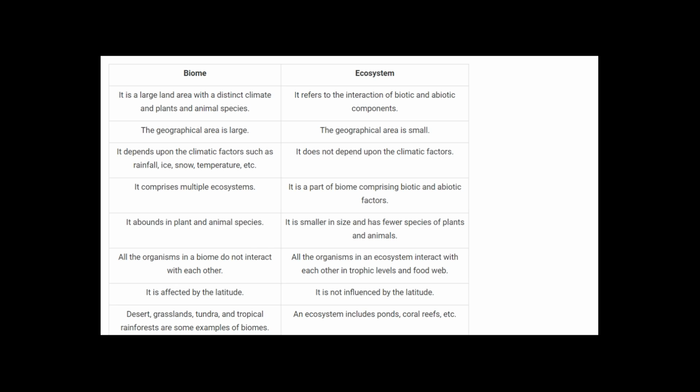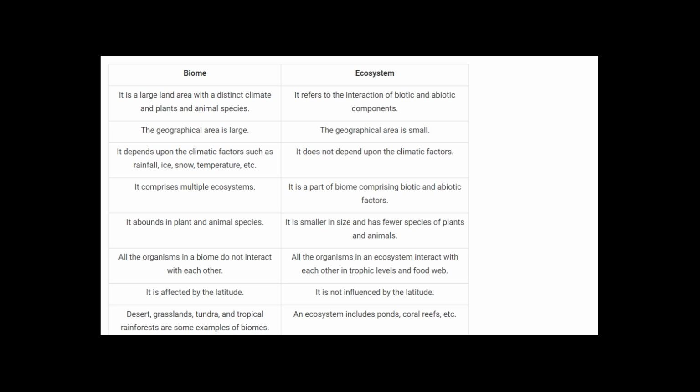But a biome depends on climatic factors such as rainfall, ice, snow, temperature, etc. So, for example, you only find rainforests in the tropics, and you find alpine forests close to Arctic regions. But an ecosystem, for example, the bacteria in our gut, doesn't really depend on climatic factors. And you can have a pond ecosystem in different areas.